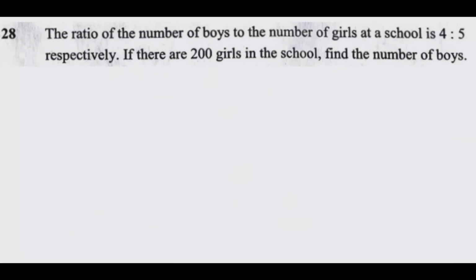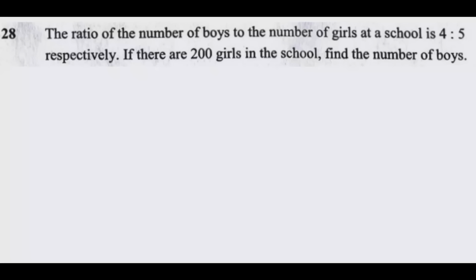Question 28 was as follows. The ratio of the number of boys to the number of girls at a school is 4 to 5, respectively. If there were 200 girls in the school, find the number of boys.